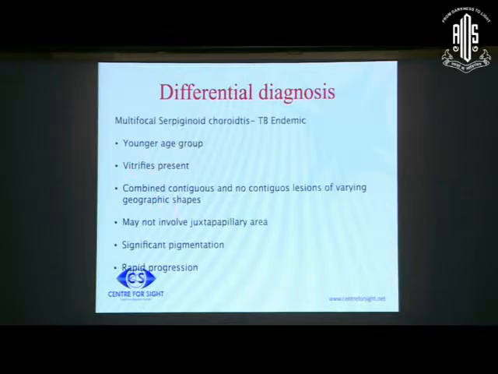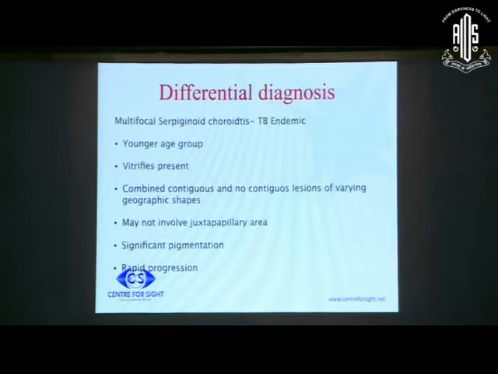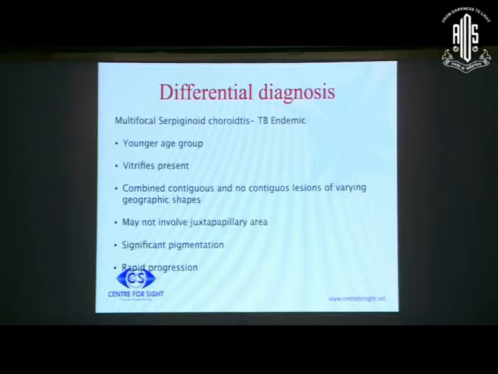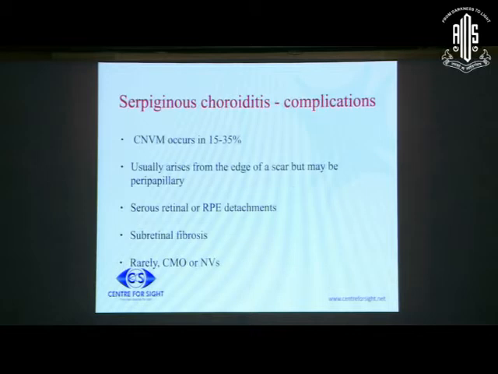Vitritis is quite marked in patients with tuberculosis, in the younger age group, and you can have contiguous or non-contiguous areas, may involve juxtapapillary or maybe only peripheral, and again they have a very rapid progression unlike serpiginous, leaving behind a lot of significant pigmentation. If you ask me to differentiate, I think the presence of vitritis, a severe vitritis, would point more towards a tubercular entity rather than a serpiginous entity, especially in India.